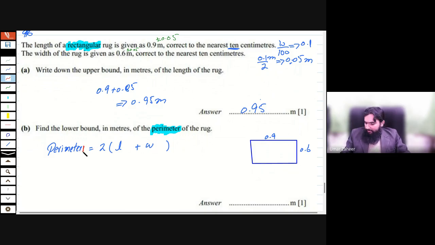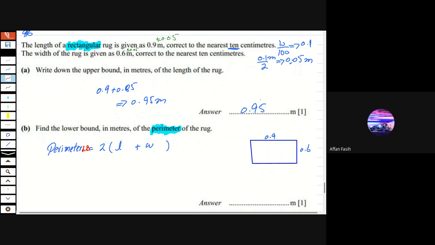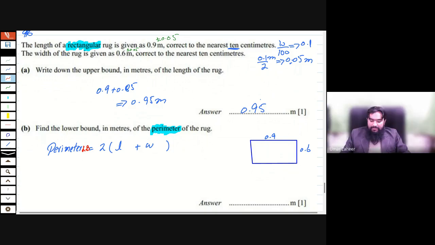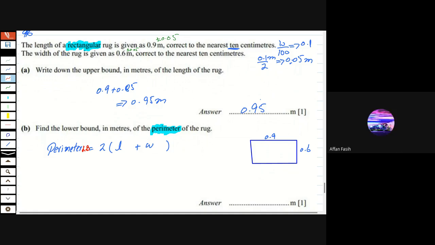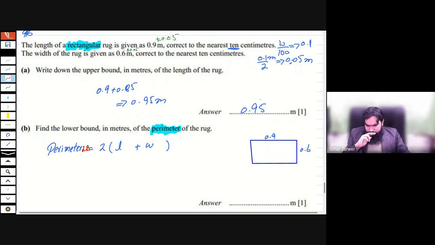We have to find the lower bound. Now it is a case of lower bound. Addition, subtraction, multiplication, division? Subtraction. How will it be subtraction?